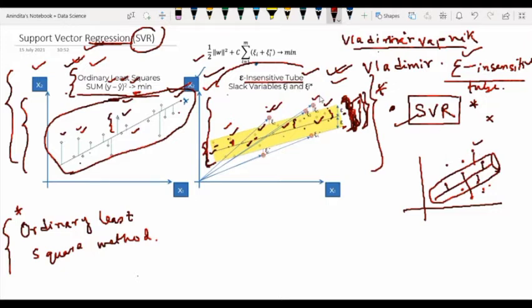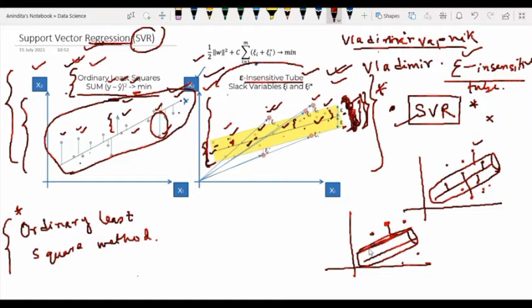Now for the points which exist outside the tube, the error will be measured as the distance between the tube and the point. So try to understand the main concept. Here error means the distance between the point and the regression line. However, for SVR, whatever epsilon insensitive tube we have and whatever point we have outside this tube, the error means the distance between the point and the outer portion of the tube.